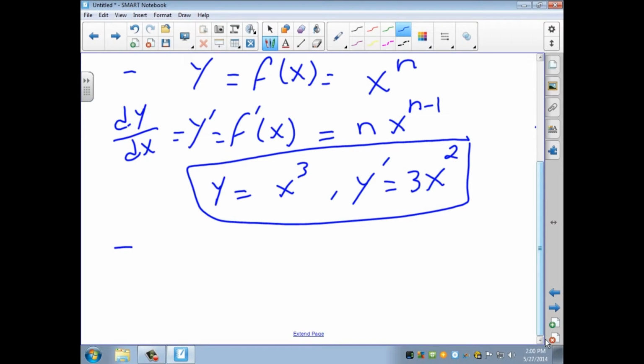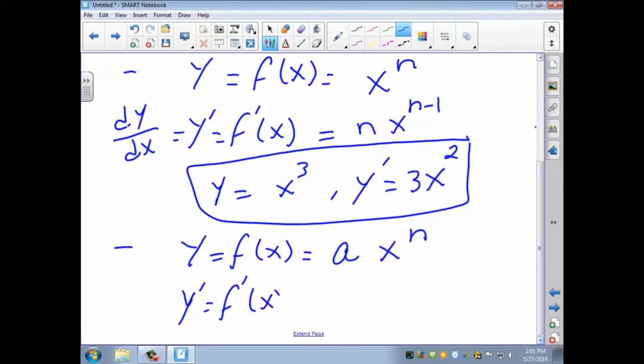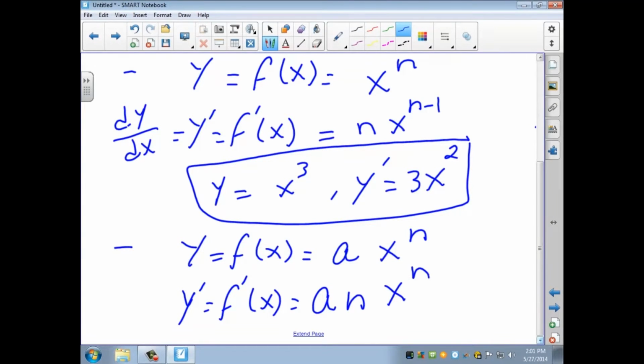Another rule of differentiation. If y as a function of x equals some a times x to the n power, then y prime or f prime of x would be equal to a, n comes to the front also, x to the n minus 1.